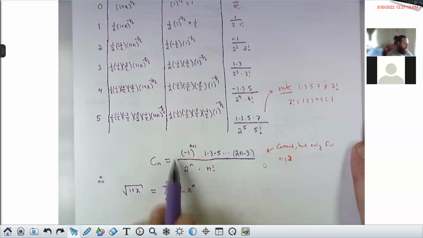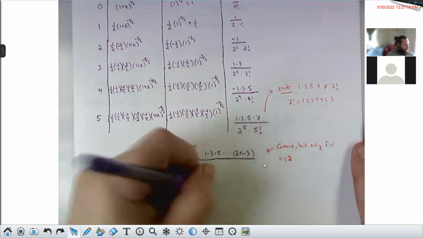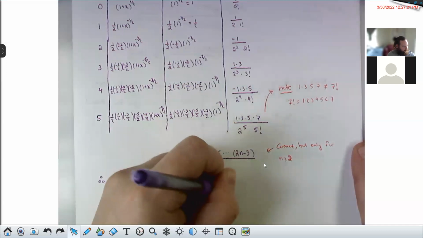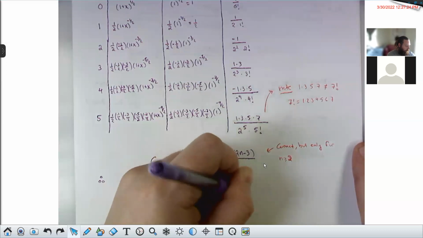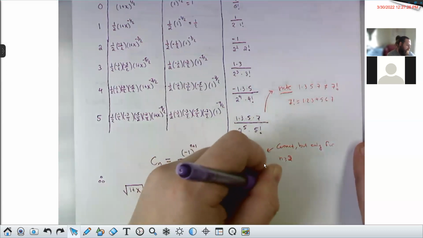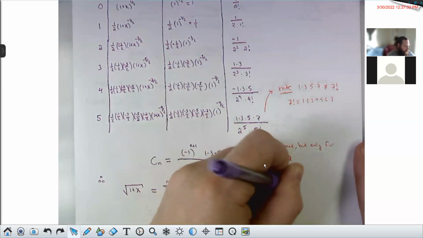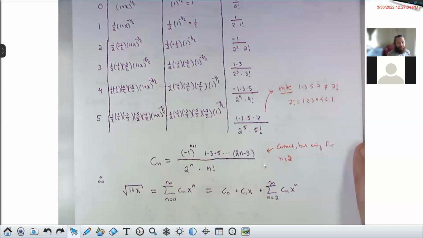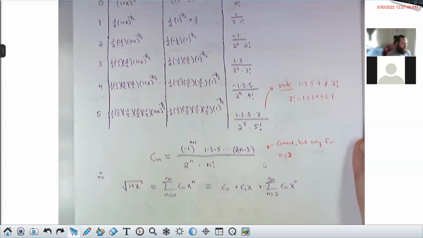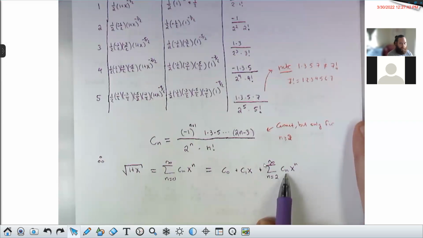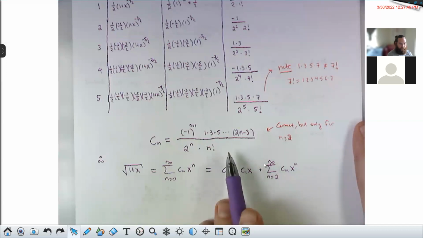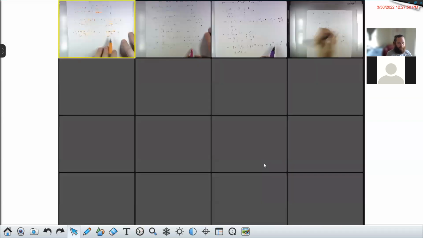I can plug this formula in here for Cn, but not when n is 0 and not when n is 1. So we just pull those terms out. That's C0 plus C1x plus the remaining terms are the sum from n equals 2 to infinity. Now within this sum, n is bigger than or equal to 2, so I can use this formula. C0 and C1, I actually calculated those as a part of this exercise.